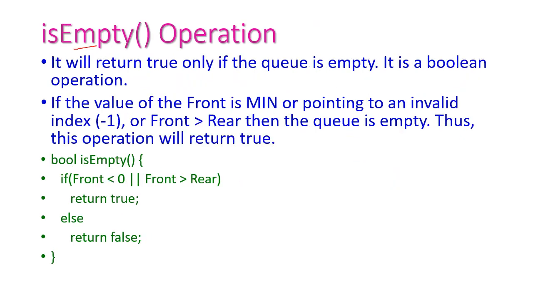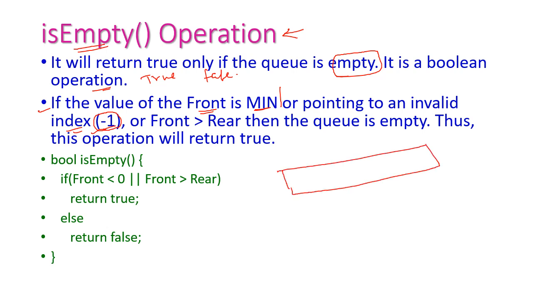The next one is the isEmpty operation. The isEmpty operation is used to check whether the queue is empty or not. It is also a Boolean operation, hence it will return either true or false. If the front pointer is at a minimum value or pointing to an invalid index, normally minus 1, this is the first condition. For example, this is the queue.